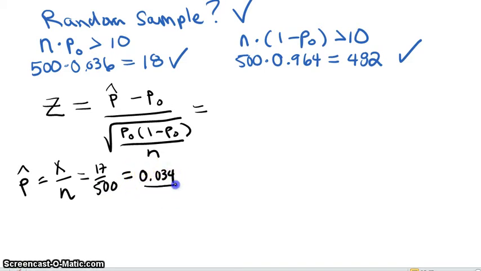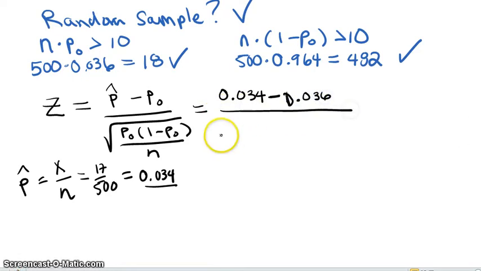So let's go ahead and put this into the formula up here. 0.034 is my sampled proportion, p hat. This is going to be the best guess or estimate for the true proportion. My proportion claim is then 0.036.